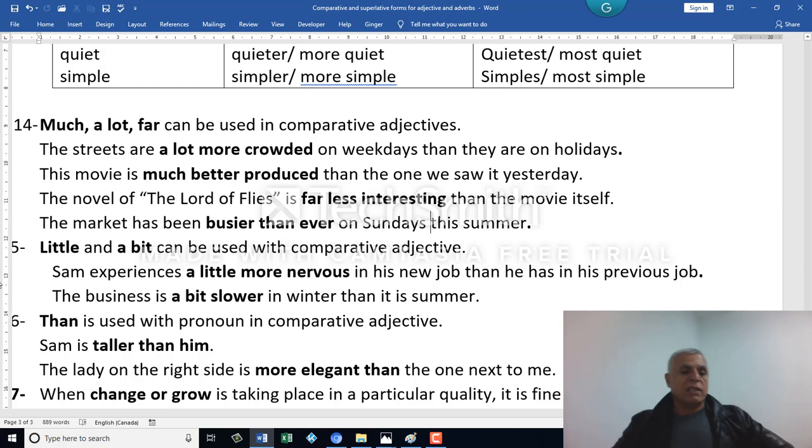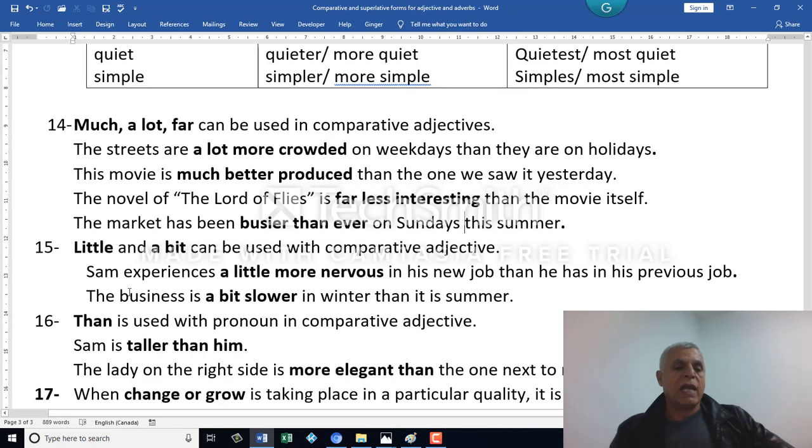Sometimes we could add little and a bit. They can be used with comparative adjectives. Sam experiences a little more nervous in his new job than he has in his previous job.